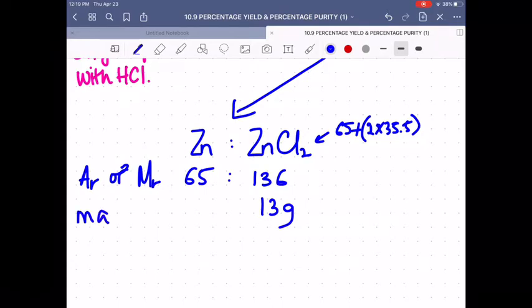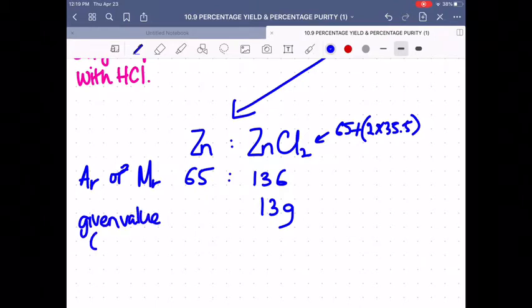So I'm going to put it here as the given value. This must be the pure value, not the impure. We're going to find the mass of zinc that has reacted with HCl to form zinc chloride, so we're going to put X here.